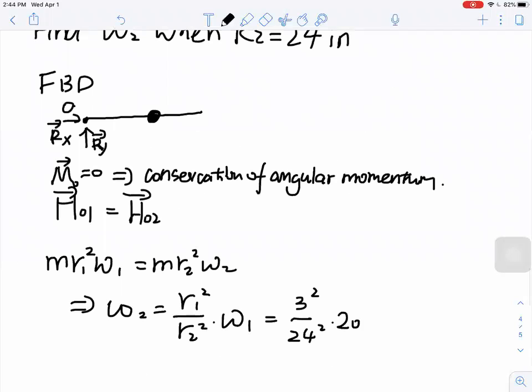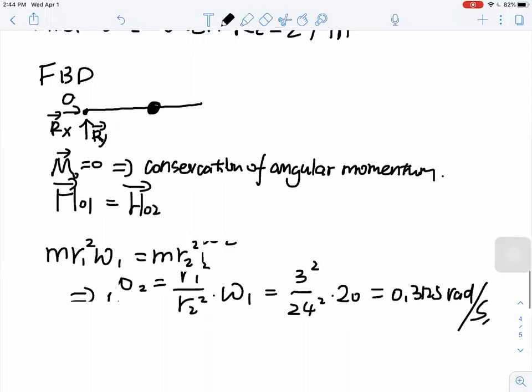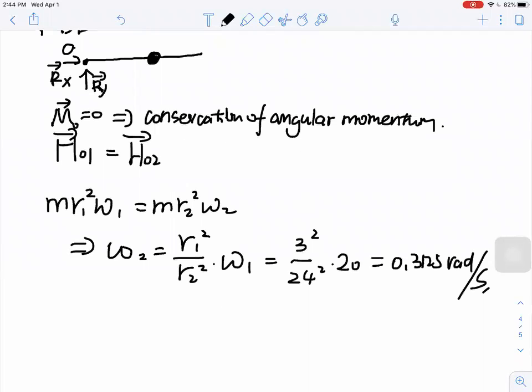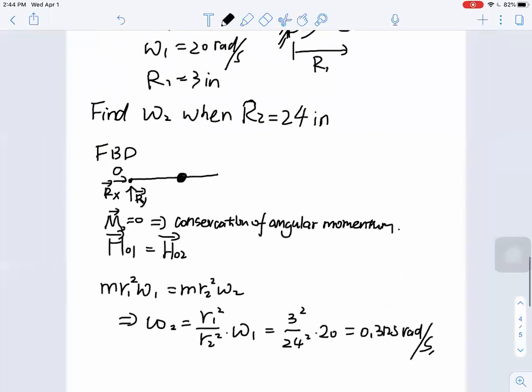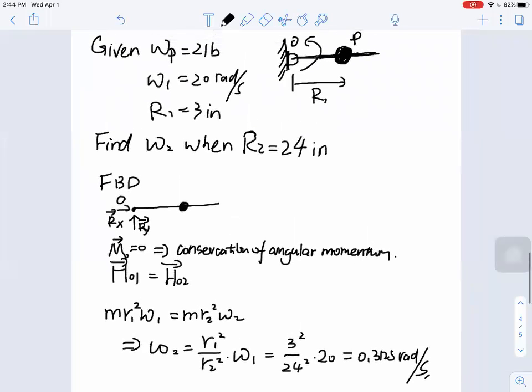And you're able to find the angular velocity at this new position, which is 0.3125 radian per second. So that's a simple example to show you how to apply the angular momentum equation, and how to identify zero moment so you can have conservation of angular momentum.